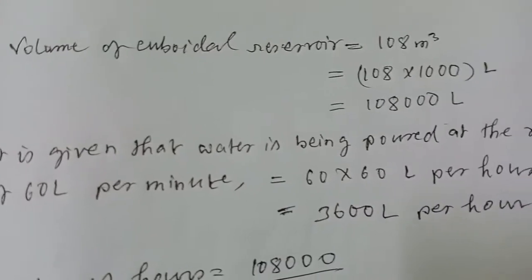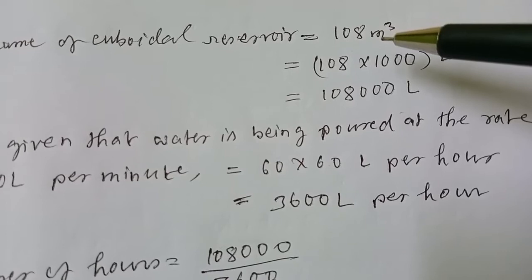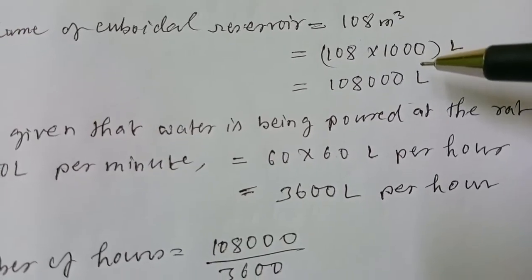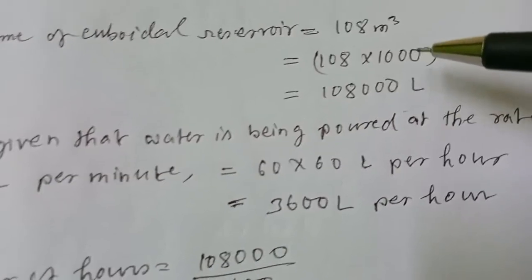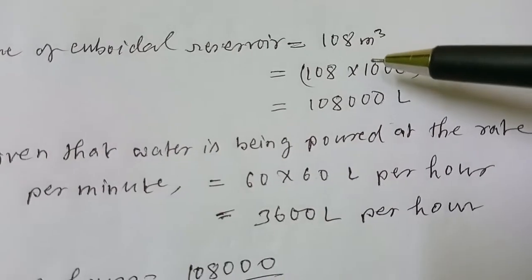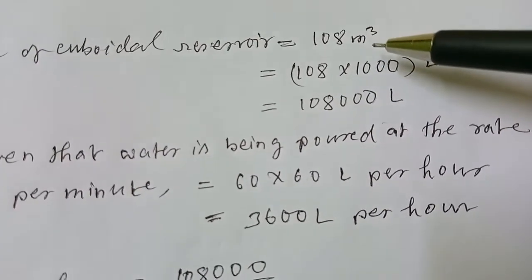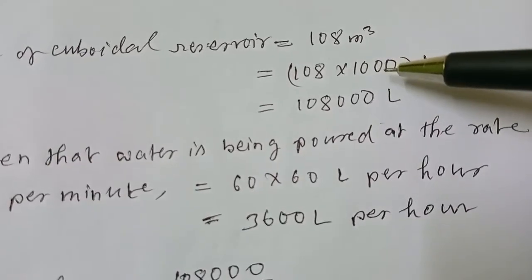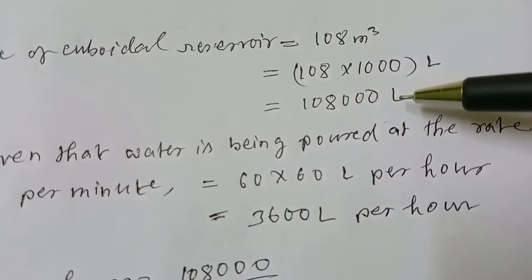So volume of the cuboidal reservoir is given 100 meter cube. So you have to convert this meter cube into liter because it is given in liter. The water is pouring and water is measured in liters. So how to convert this meter cube into liter? You have to multiply by 1000. Okay, to convert any meter cube into liter, you have to multiply by 1000. So it is converted into liter. Okay, 100,000 liter.